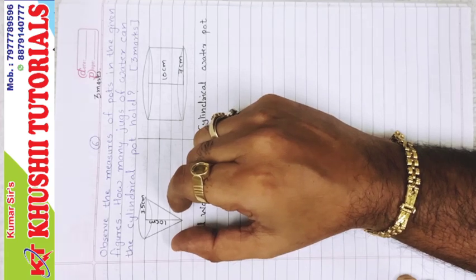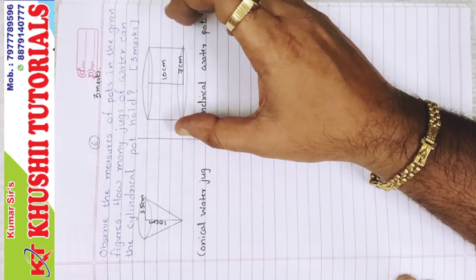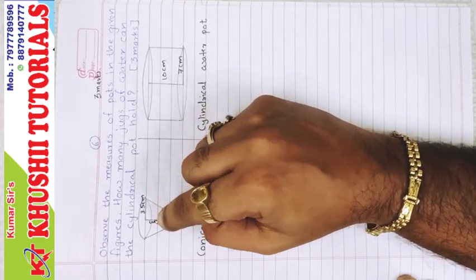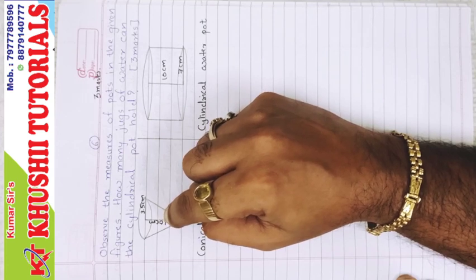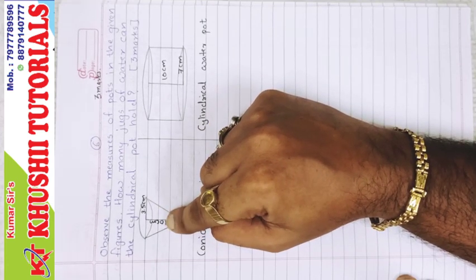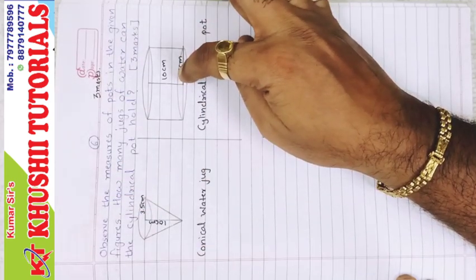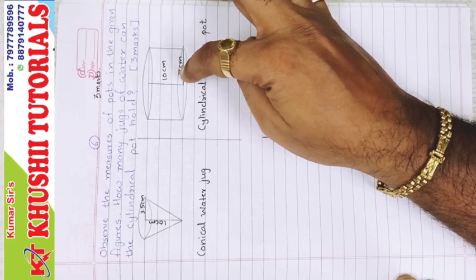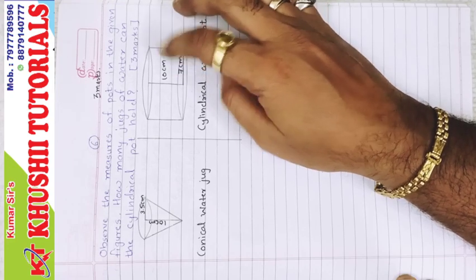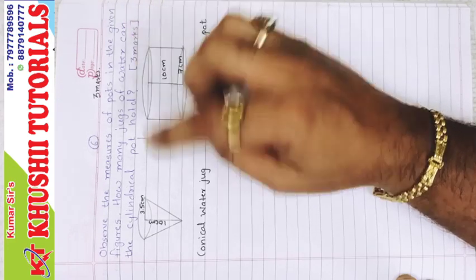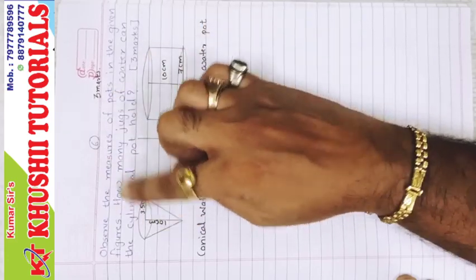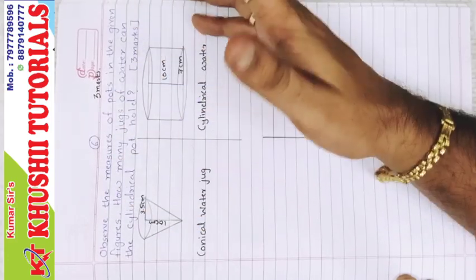For example, if the volume of the conical jug is 1 liter and the capacity of this cylindrical pot is 50 liters, then how many times do we have to pour? We have to pour 50 times.